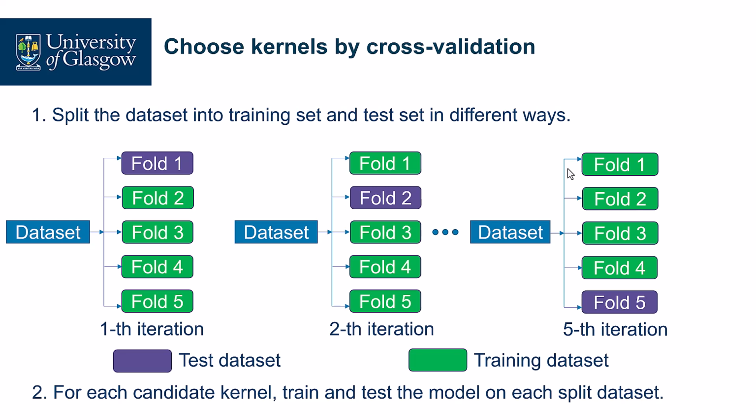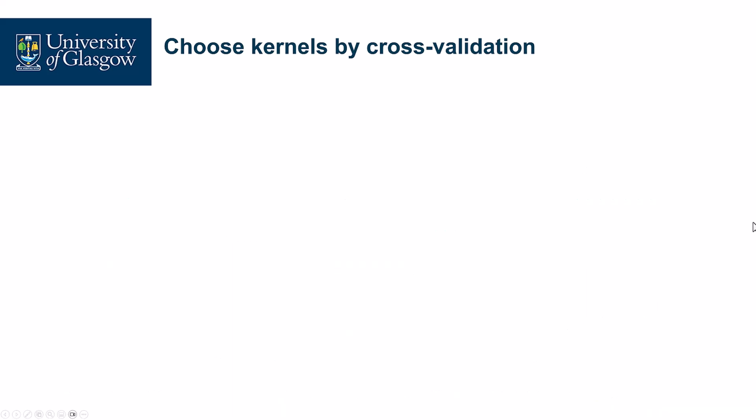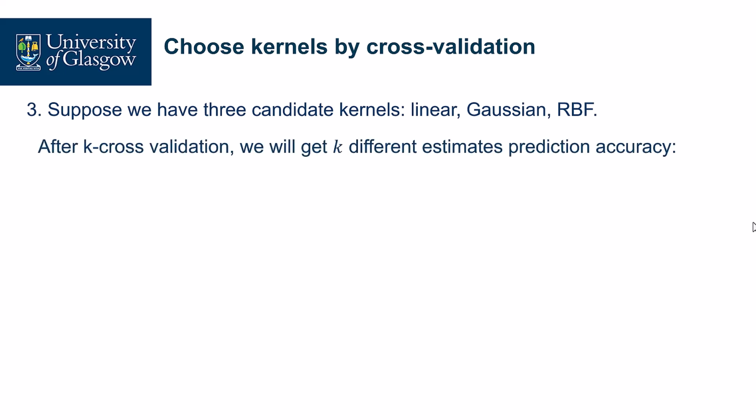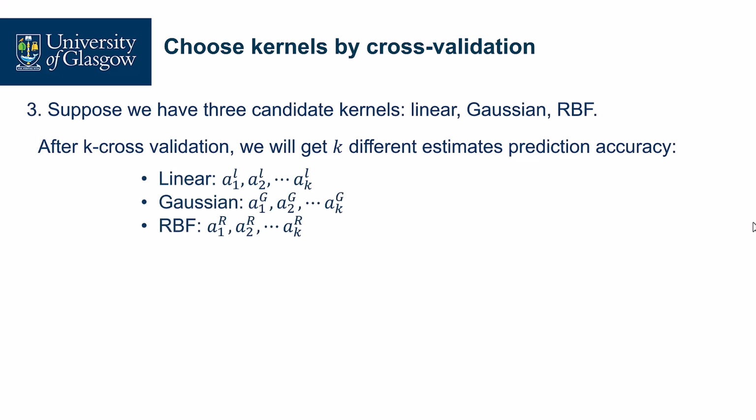Now that we have the training data and test data, we can apply each kernel and use different folds to see the performance of each one. For example, we have the linear kernel, the Gaussian kernel, and the RBF kernel. With 5-fold cross-validation, for each of them we get 5 results.